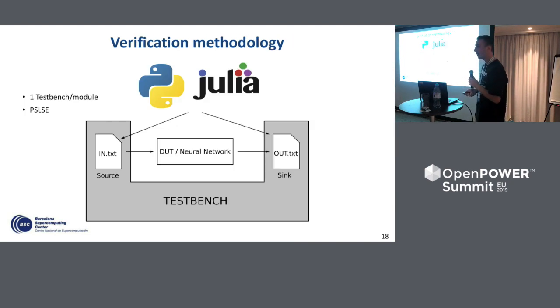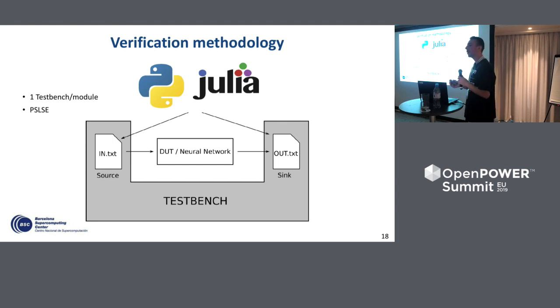How do I verify my modules? The classical one test bench per module. You might know this pattern. We have the source and sink, and these vectors, these oracles, are generated by software languages that incorporate the Posit inside.